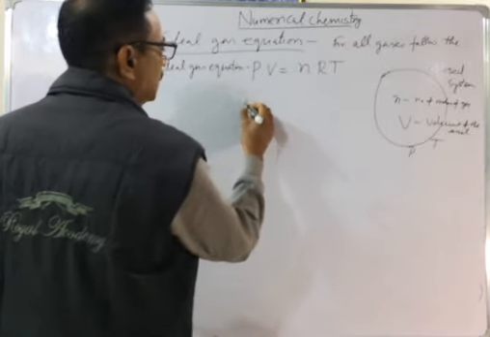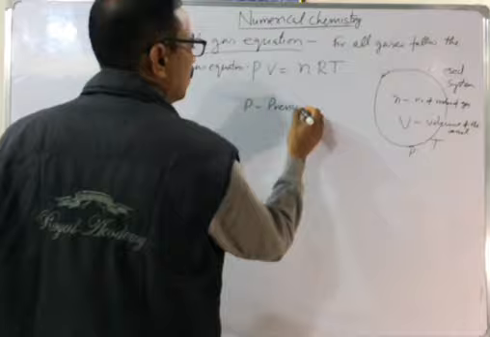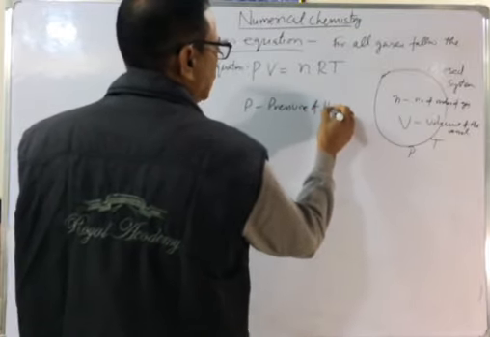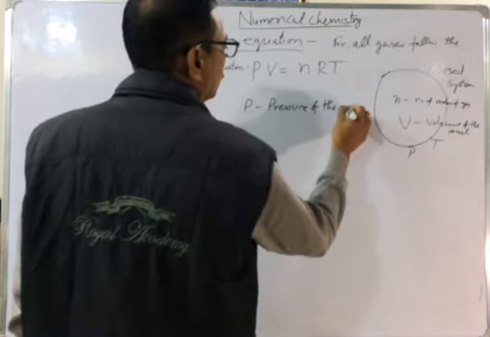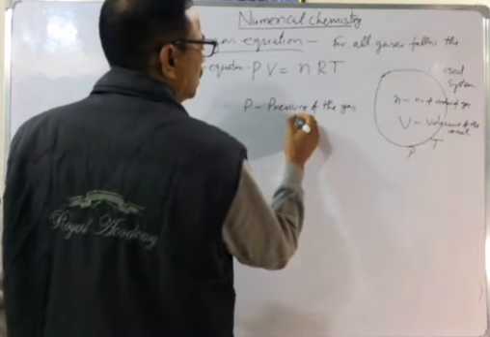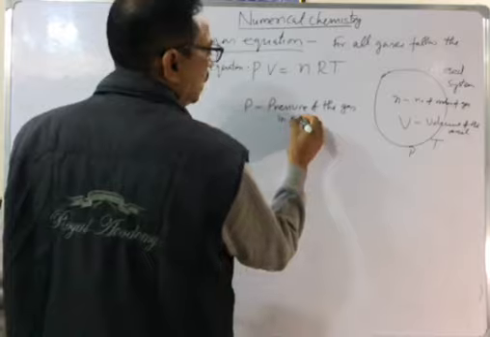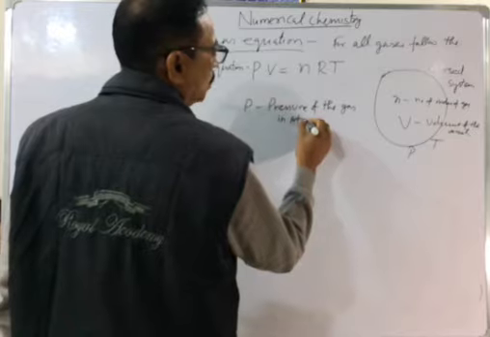Here P is the pressure of the gas, or of the vessel, you can say of the system, in atmosphere. The unit must be known: atmosphere.